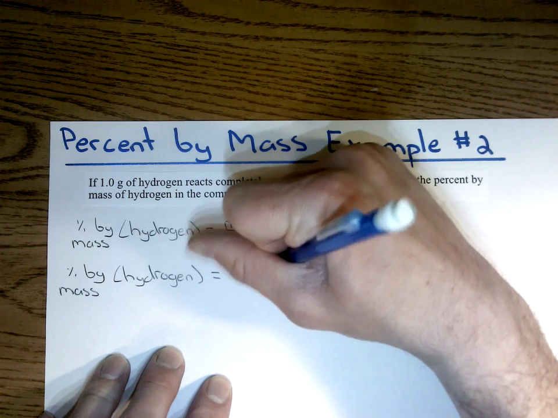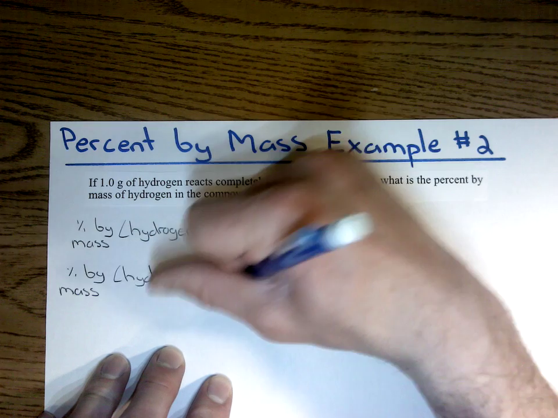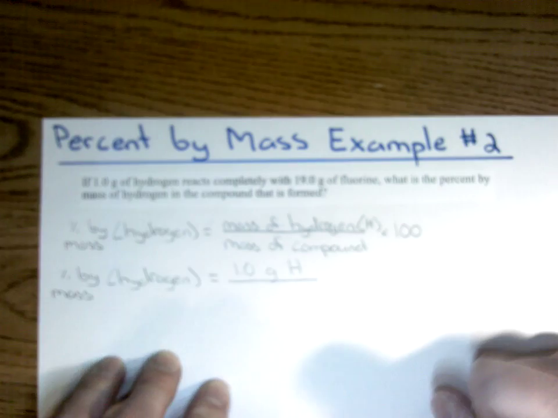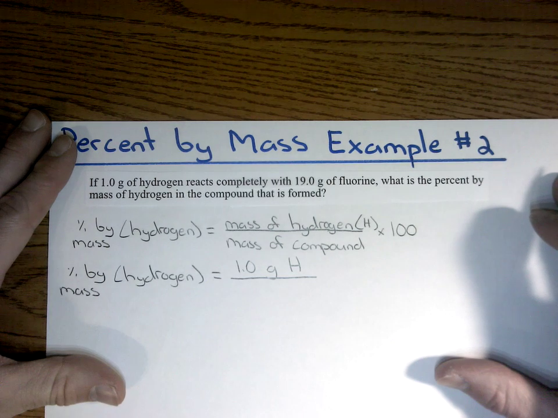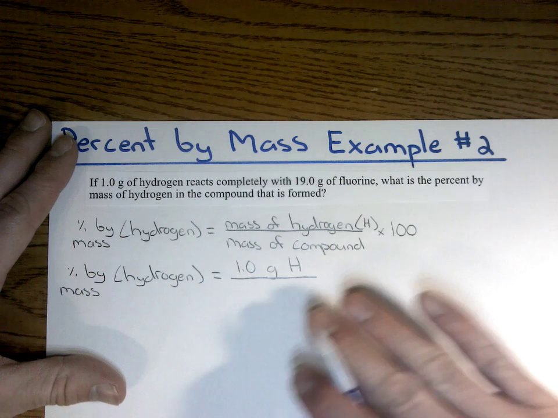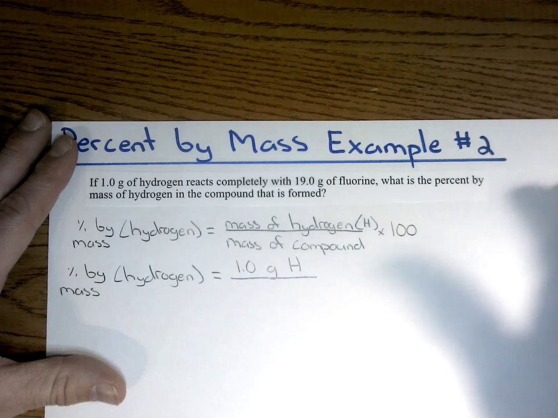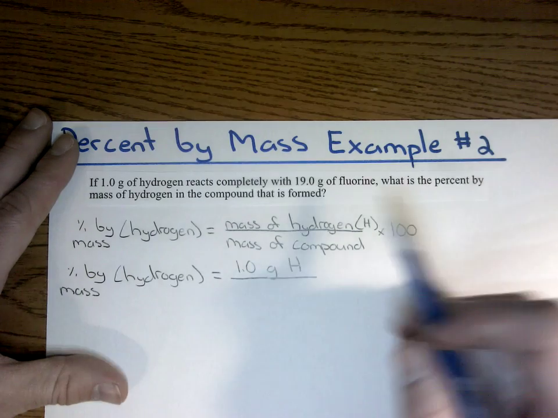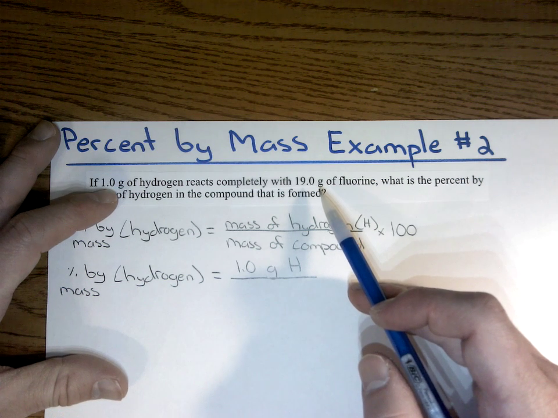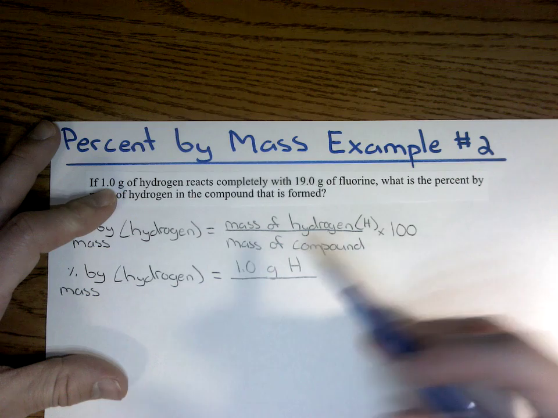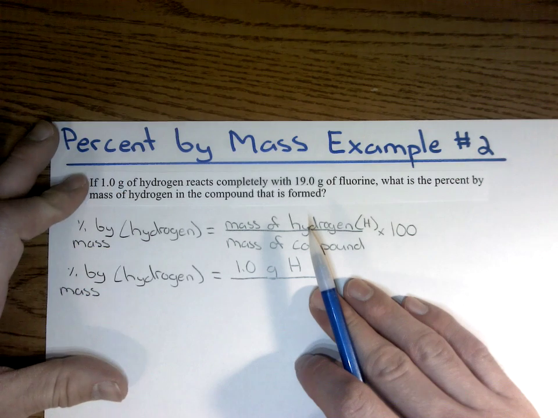So we have 1 gram of H. Then we divide it by the total mass of the compound. Well, you have to be careful here because the problem doesn't say the total mass. But it does give us the two things that reacted. Well, remember, products and reactants have to have equal masses.